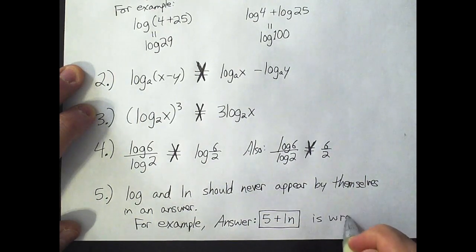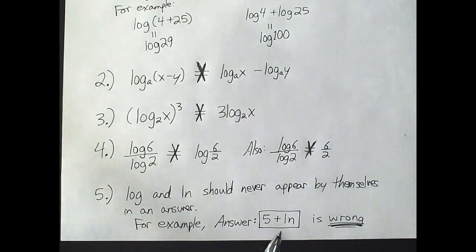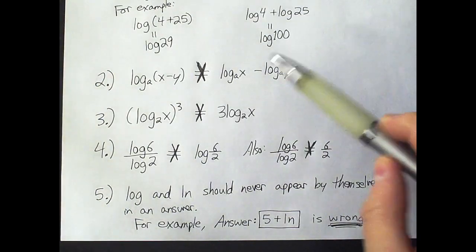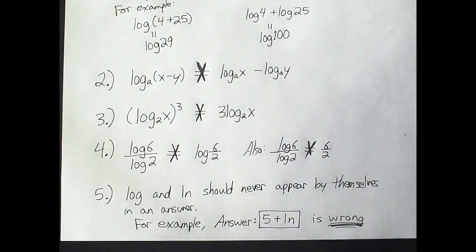This is always wrong. Because we never just say ln. It's always ln of something. It's always log of something. There's always a number attached to it. If you say 5 plus ln, it's kind of nonsense.